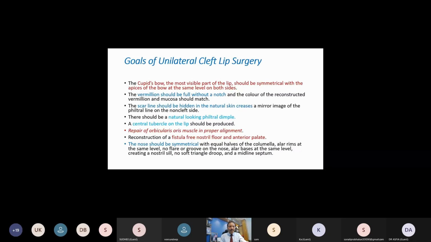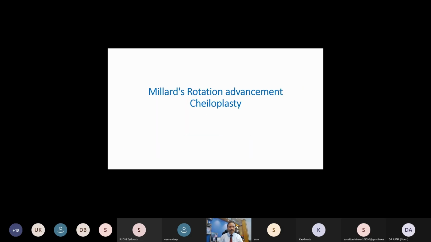And the nose should be symmetrical with equal halves of the columella, alar rims at the same level. No flare or groove on the nasal alar bases at the same level, creating a nasal sill. No soft triangle droop and a midline septum. So all that needs to be achieved, and you should strive hard to achieve everything. You may not achieve everything in every patient, but you should strive hard for this.